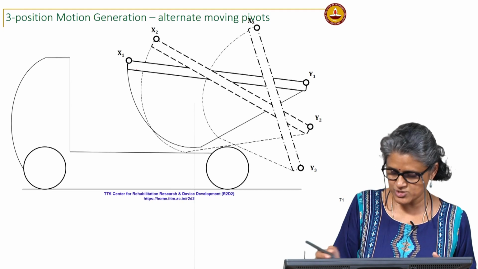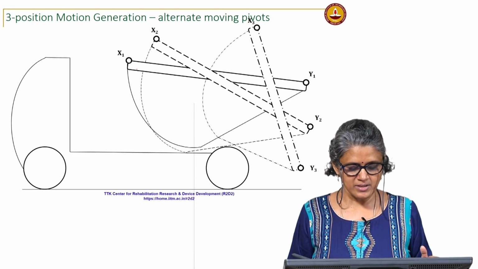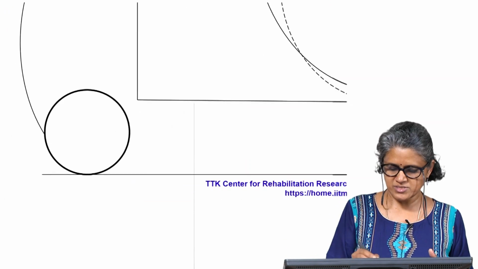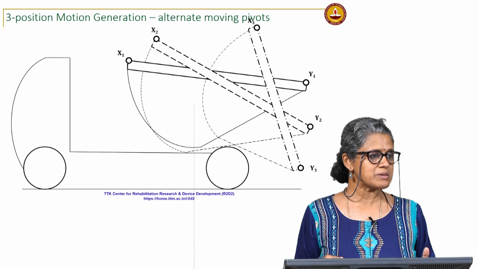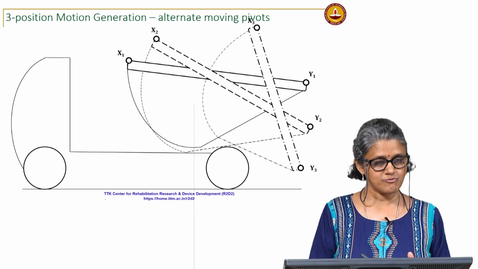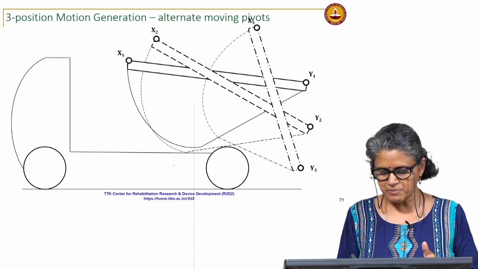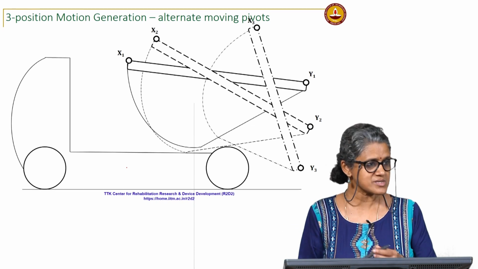For example, in this dump truck, suppose the choice of x and y as your moving pivots gives you fixed pivots that fall below the ground, or somewhere below the truck so that it may obstruct if it is going over a bump or something like that.